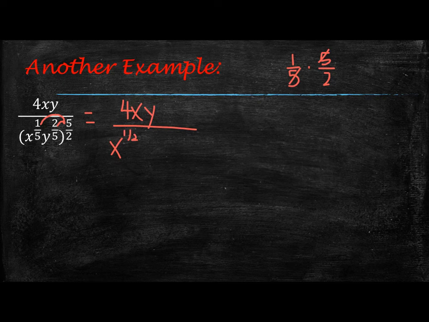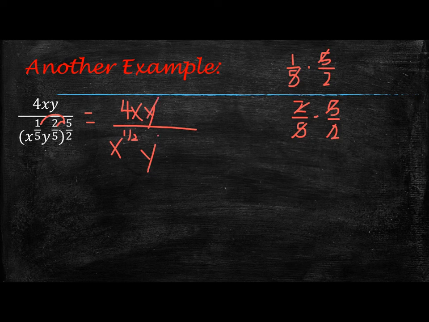Then y to the 2/5 multiplied by 5/2, they cancel, so that's just y to the first power. Then use your quotient property.